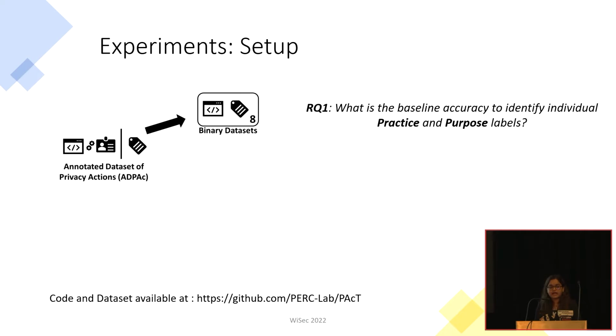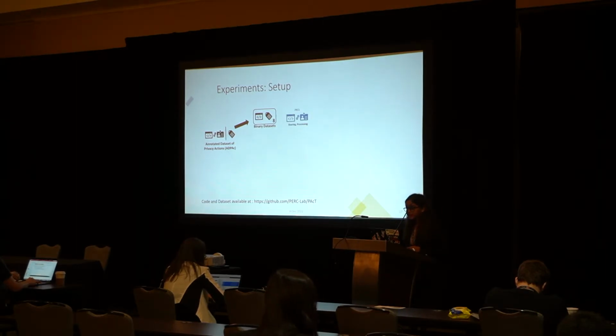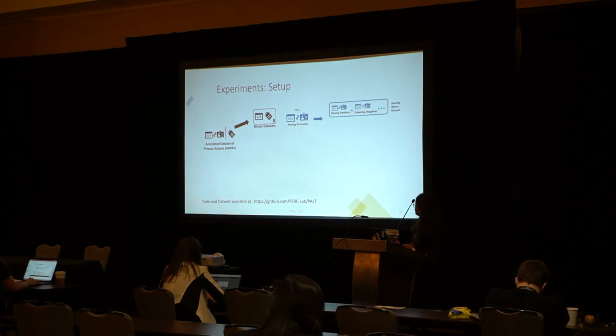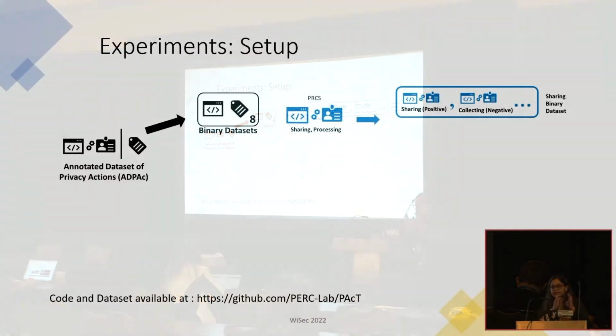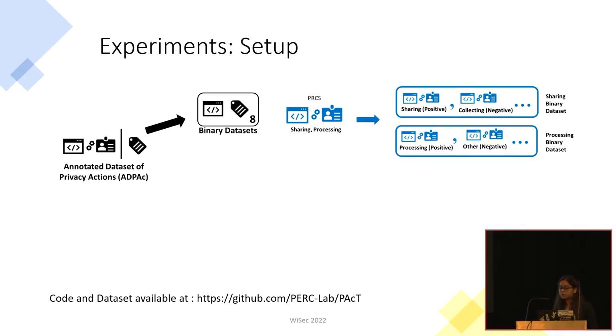The question that may arise is, how did we make the binary dataset of a code segment that is already annotated with multiple levels? Let me give an example. Let us consider that there is a PRCS that is labeled with sharing and processing. We first make a copy of it, and for the sharing binary dataset, we consider sharing as positive and all the other labels that are not assigned to it as negative.